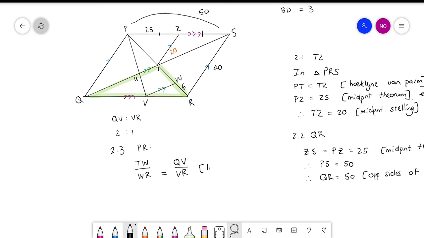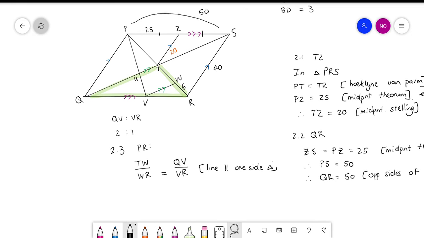Because line parallel one side of triangle. Okay, partykeer help het om jou boek hierso onderste bo te draai. These are the parallel lines, meaning that this over this must be equal to this over this. And they gave us that relationship right at the beginning.